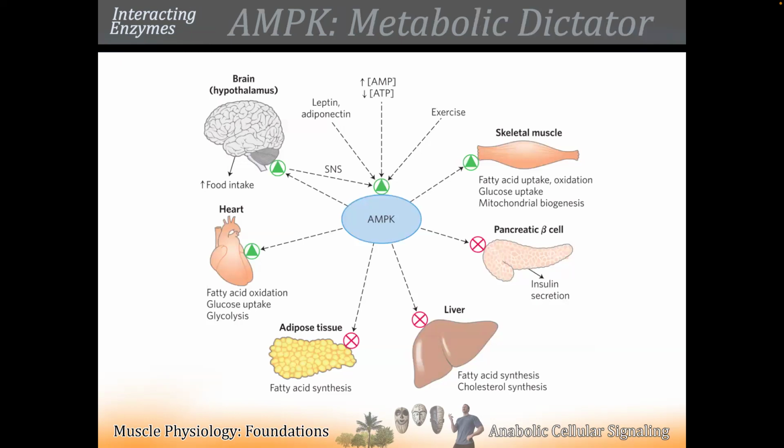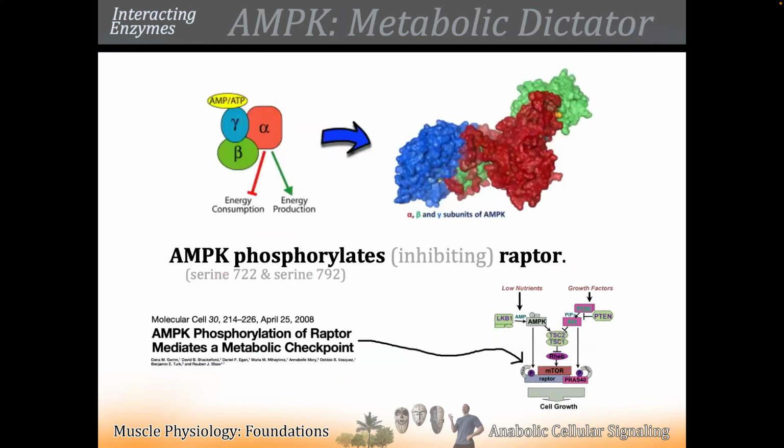If you're distance running or playing soccer or cycling, doing any other endurance sport, AMPK is going to be a really important regulator of your metabolism in those conditions. In addition to helping with substrate availability and burning of substrates, it also phosphorylates Raptor, which inhibits it. It inhibits Raptor, and that prevents mTOR complex 1 from phosphorylating its downstream targets, P70S6K and 4EBP1.